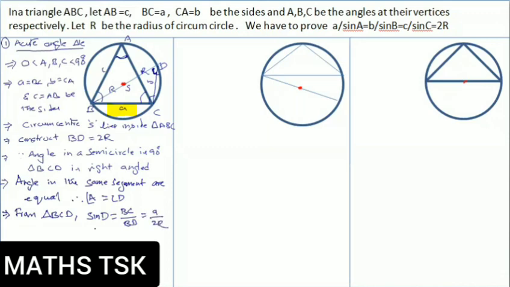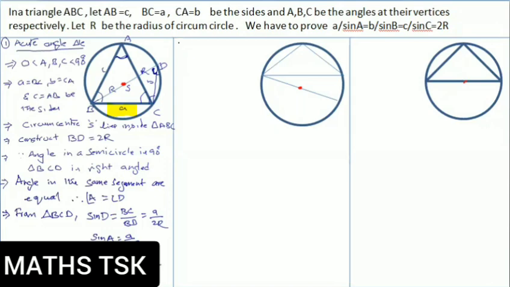Since angle D is equal to angle A, sin A is equal to a by 2R. Similarly, if you consider B, then sin B is b by 2R, and sin C is equal to c by 2R. This proves it for the acute angle triangle.